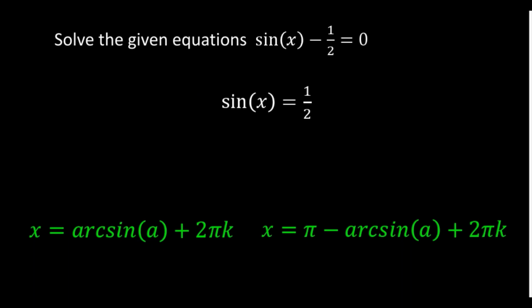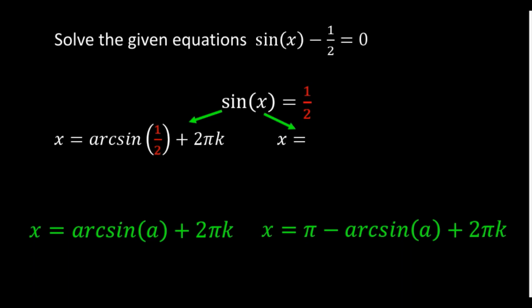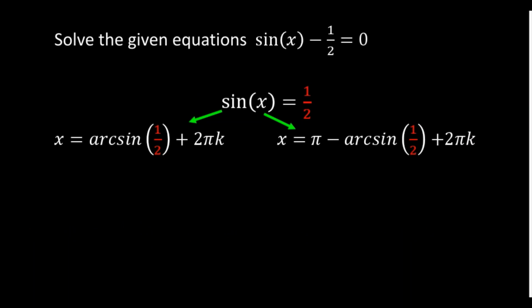If sine of x equals 1 over 2, then x equals arc sine of 1 over 2, plus the period 2 pi k. And we'll have another equation, x equals pi minus arc sine of 1 over 2, plus the period 2 pi k. So this is what we have so far.